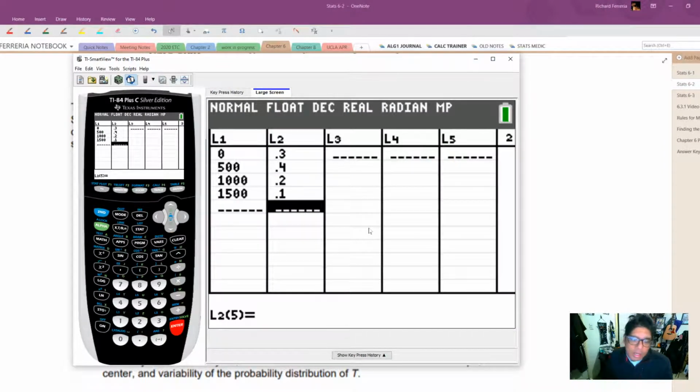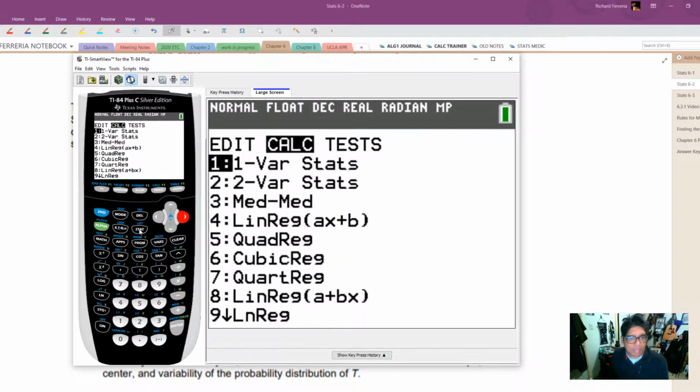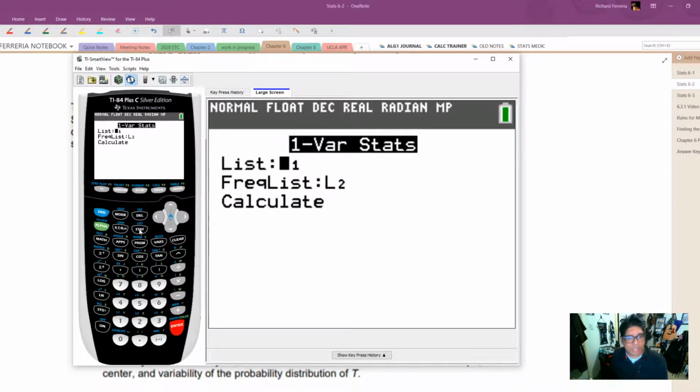Here's our data in the calculator. And then I'm going to show you another shortcut here on the calculator. So I hope this is going to be okay with you. If I'm going to calculate the mean and the standard deviation, we go to the home screen and do Stat, Calculate, One-Variable Statistics.